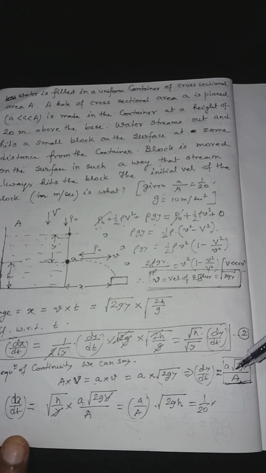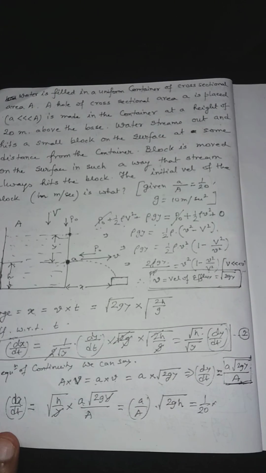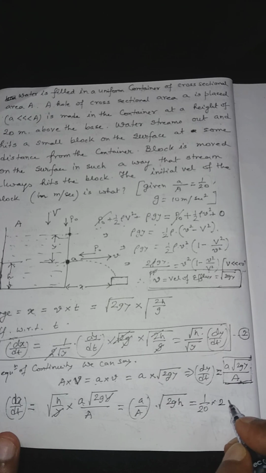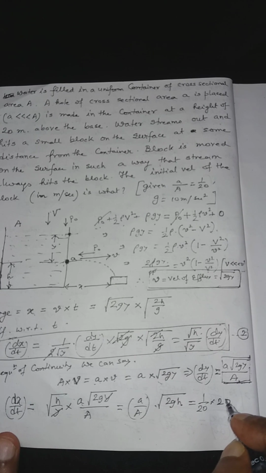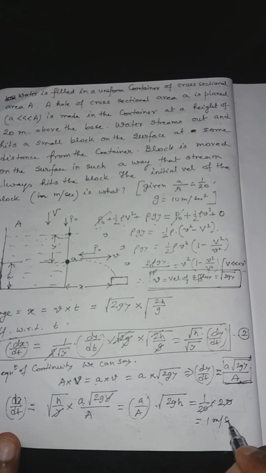So we will simply place the value root over 2gh, which is 20, so in the block we mention root over 20. If we place this value here and strike it down, we will get 1 meter per second.